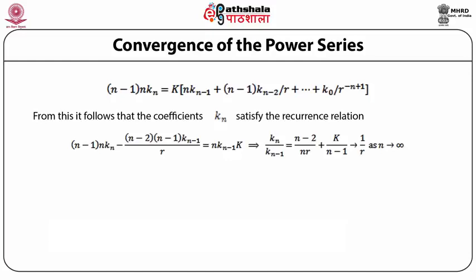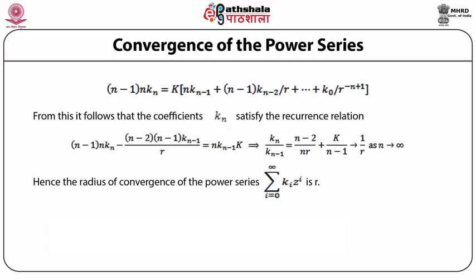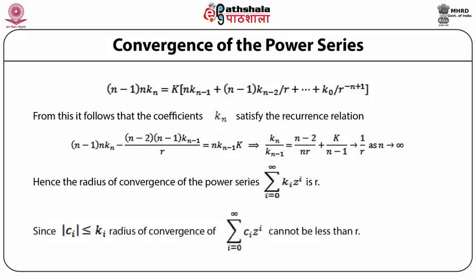Hence, the radius of convergence of the power series given by the summation i going from 0 to infinity of k_i z^i is r, and since modulus of c_i is less than or equal to k_i, it follows that the radius of convergence of the series summation i going from 0 to infinity of c_i z^i cannot be less than r.